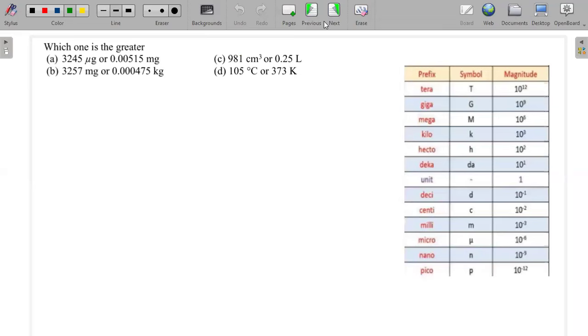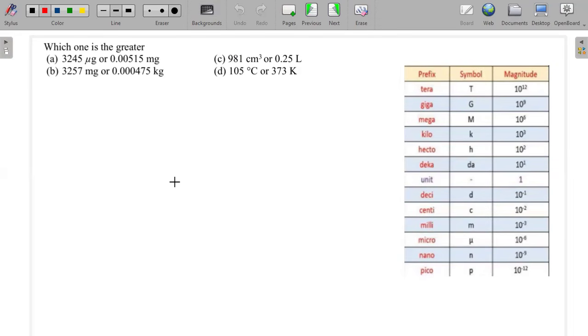Okay, so this question here is on unit conversions. The question is comparing. They are asking you which one is greater, and then they give you 2 measurements that have 2 different units. Okay, so you can't compare things that have different units. You have to change them to the same unit.